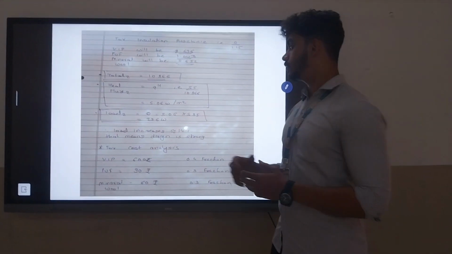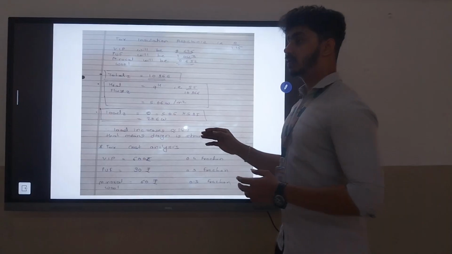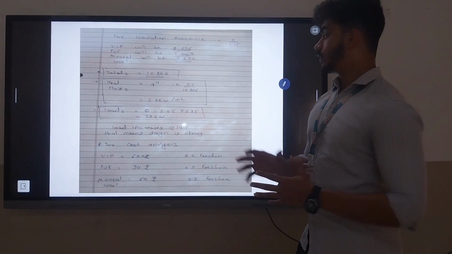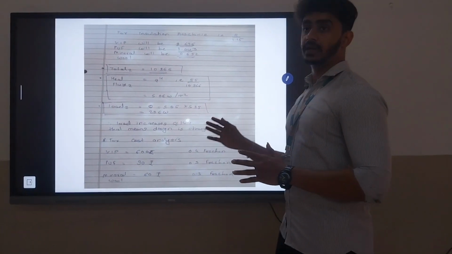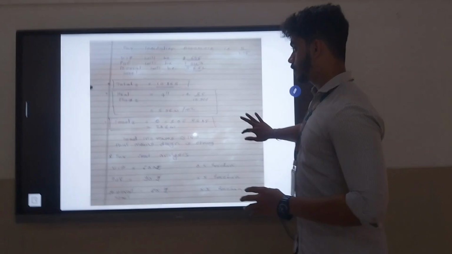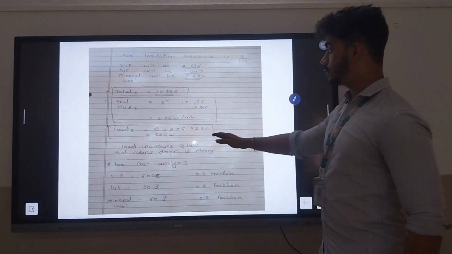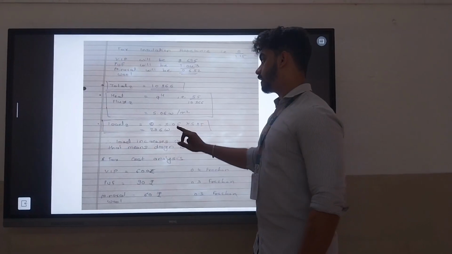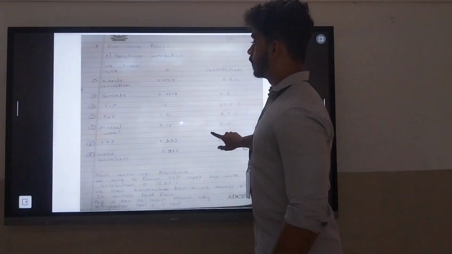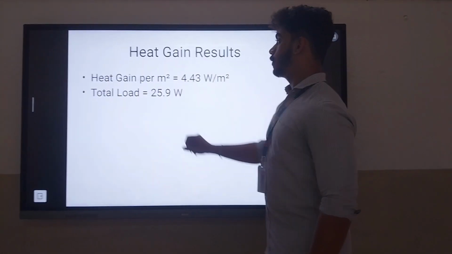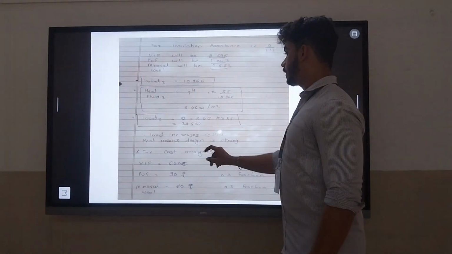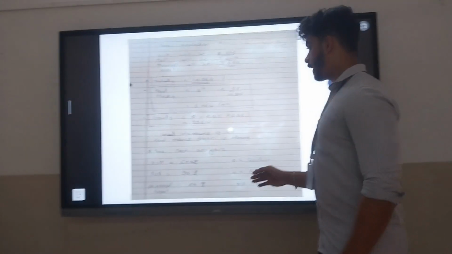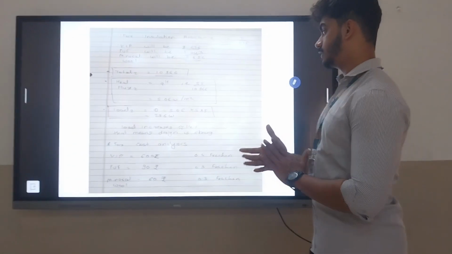For the load, the same formula applies: Q is equal to 5.06 into 5.85, which is 29.61. So as we can see, the load has increased. Our first load was 25.9 watt and the second is 29.6, so it has increased by around 14%.